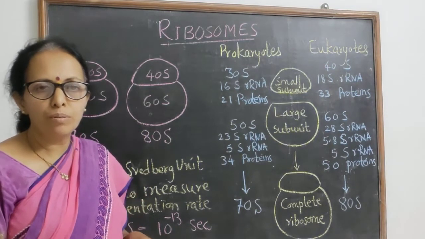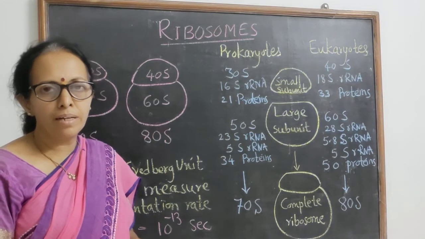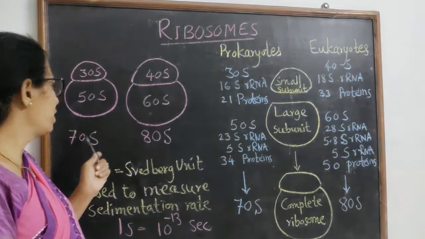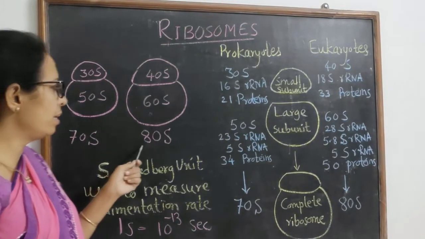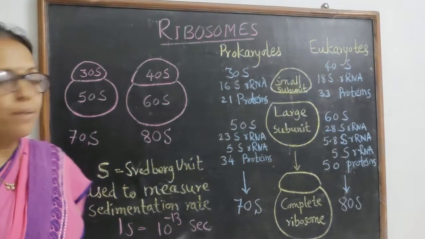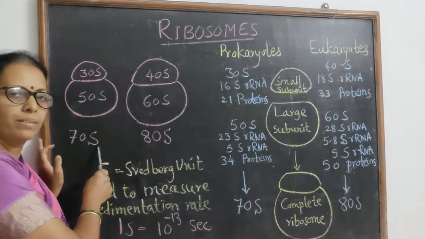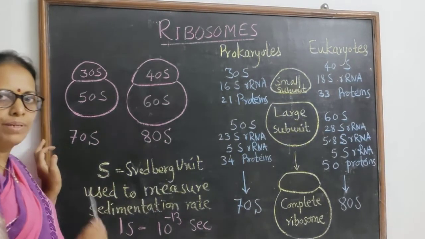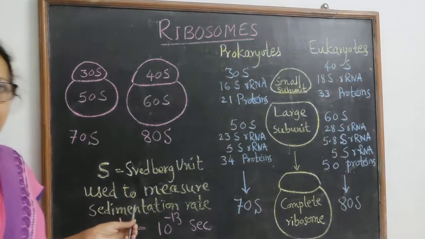according to their size. They are classified as 70S and 80S types, where S refers to the Svedberg unit, which is the sedimentation rate.